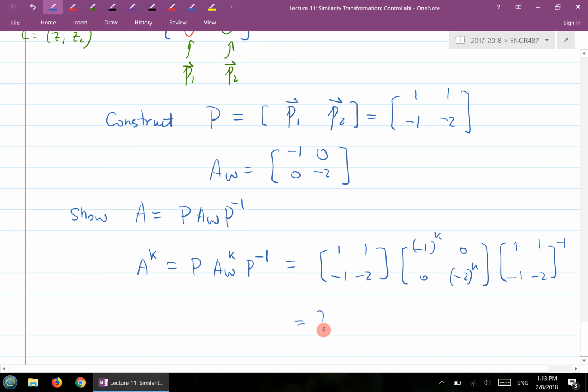So that's the idea for this diagonalization. That's based on the first theorem, theorem number 1, which says A has n distinct eigenvalues.